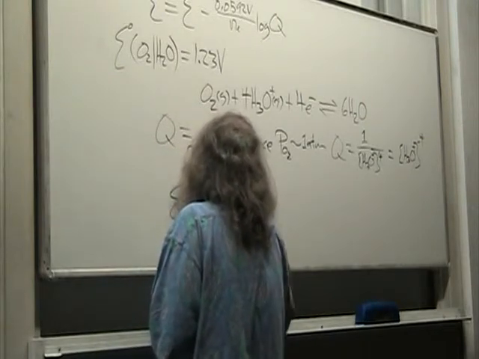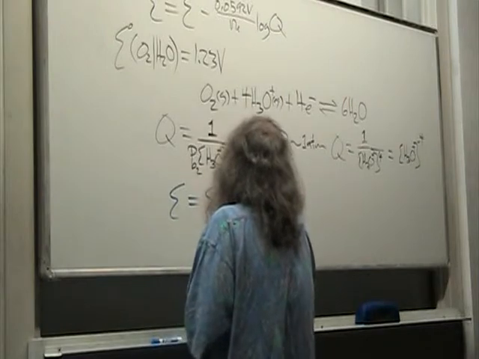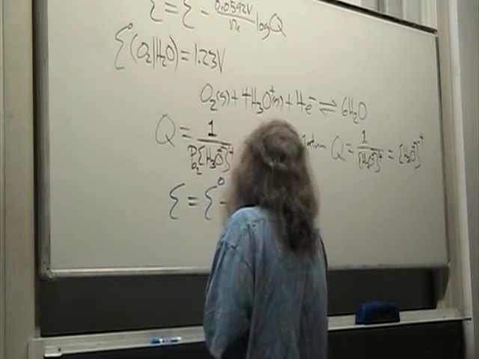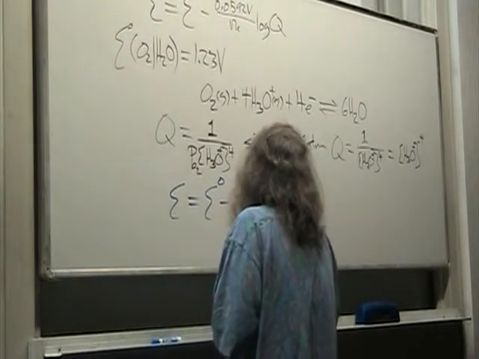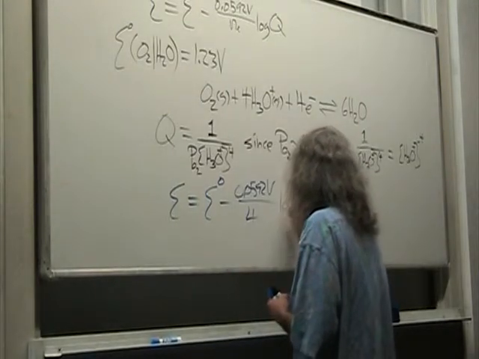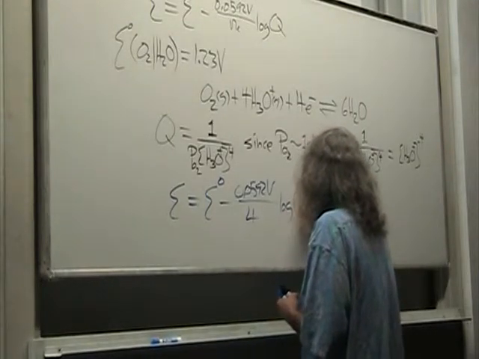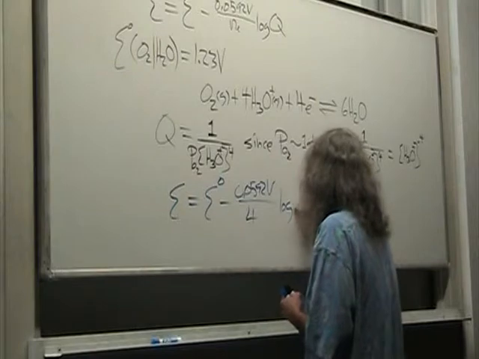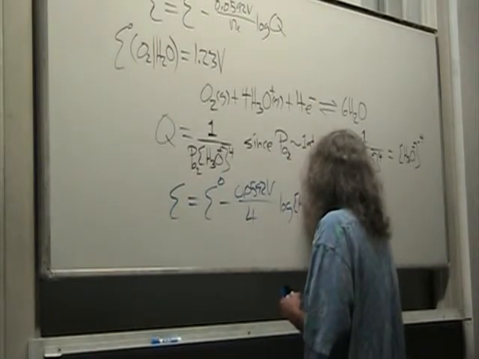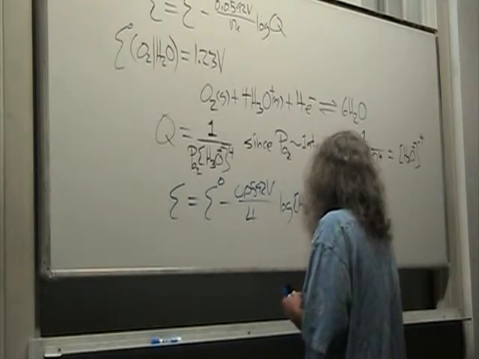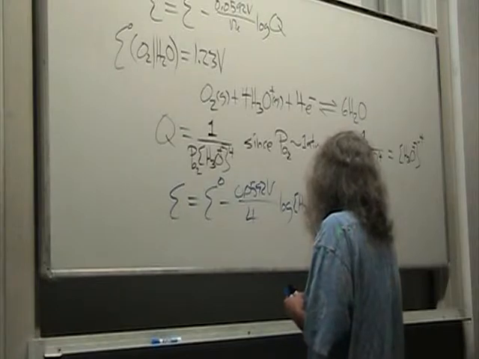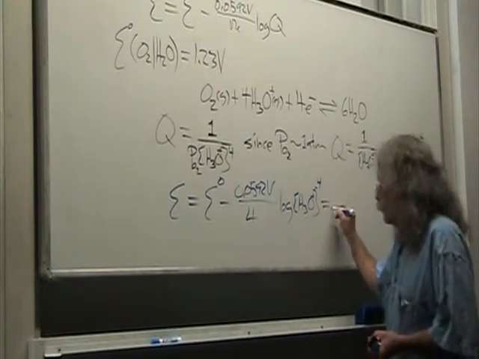equal to E naught minus 0.0592 volts over 4 times the log of... we do the same thing we did before.